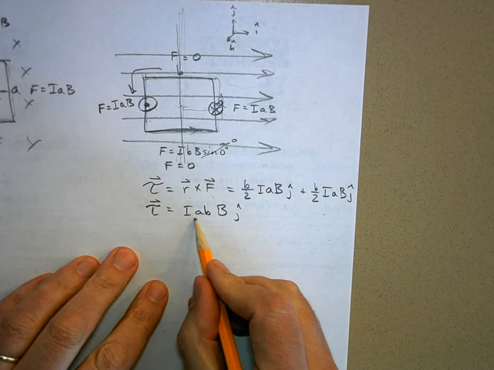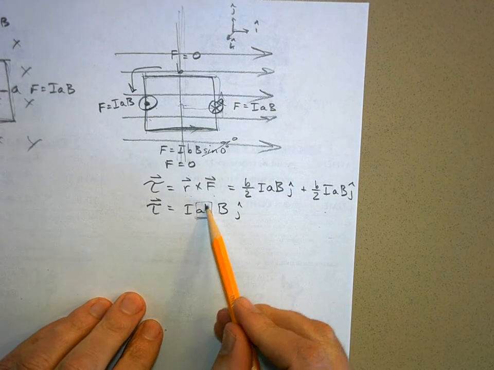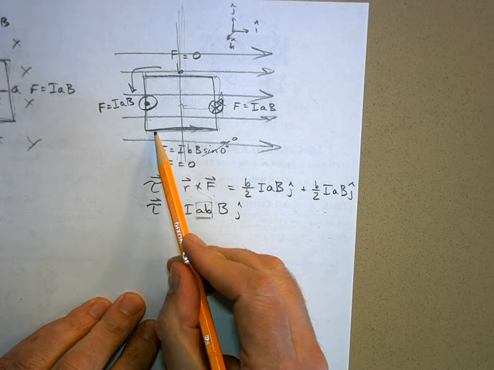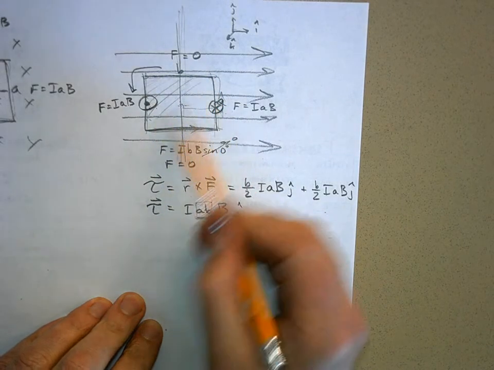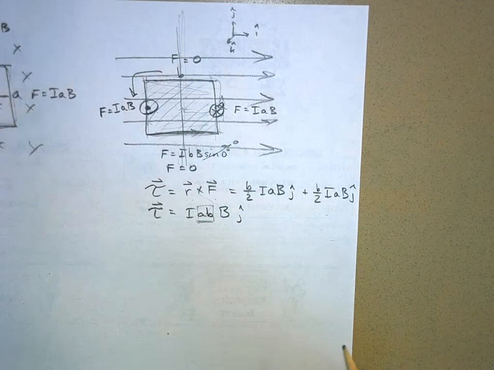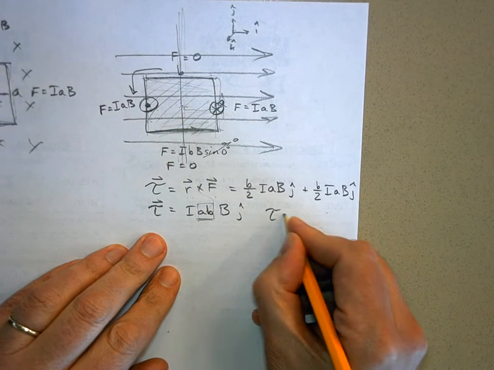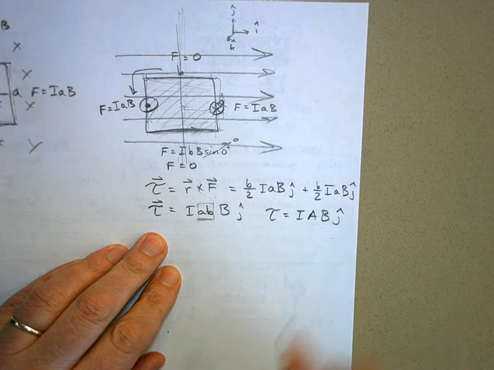Look at A times B. What is A times B? It's the area of our loop. So I can say that the torque here is equal to I A B in the J-hat direction.